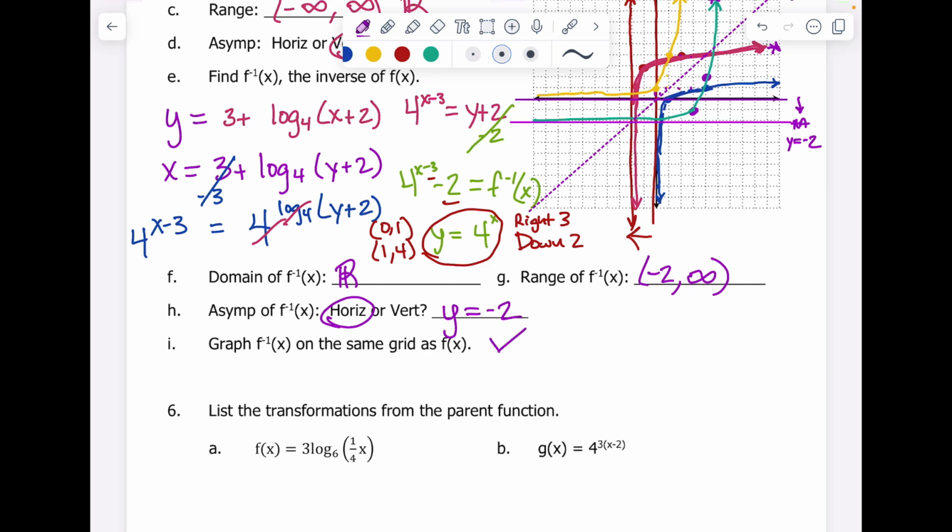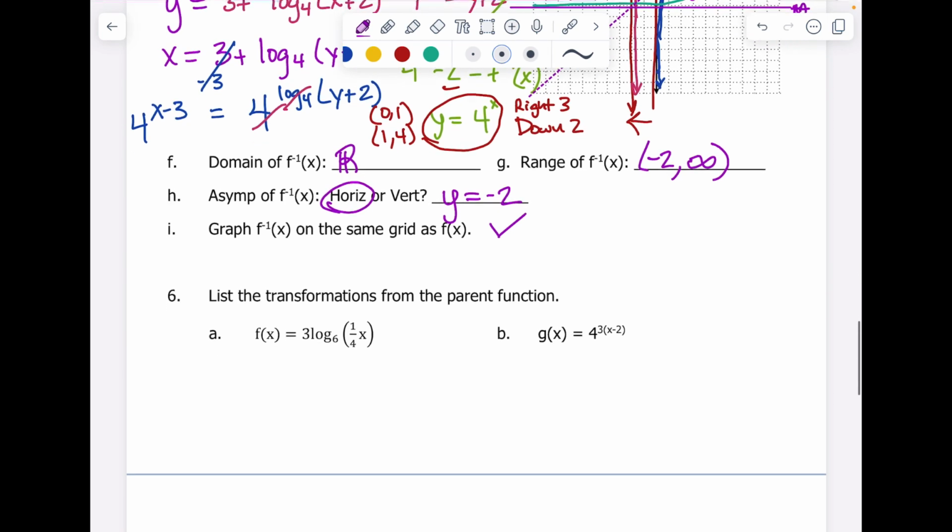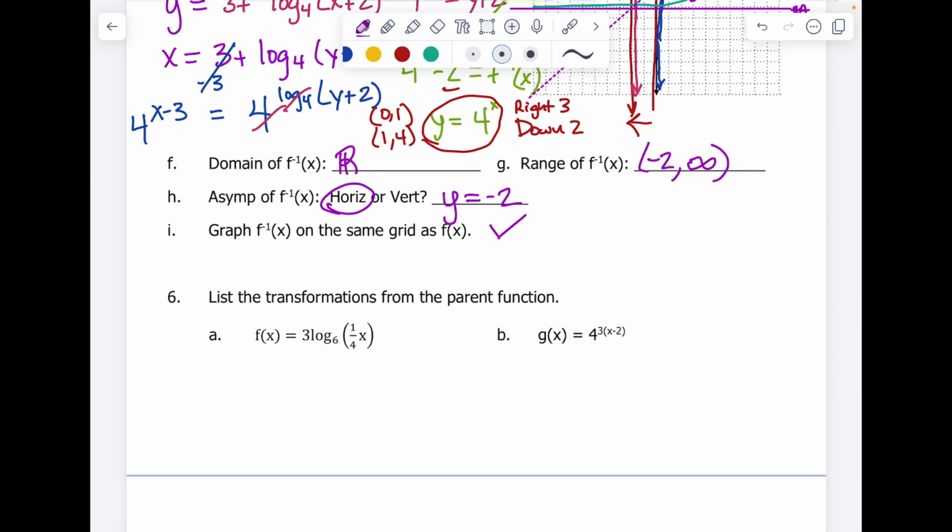We already graphed it, and the transformations listed out here of these final 2. We have a number out front and a number out front of our input. So this one is a C value. This one is a B value.